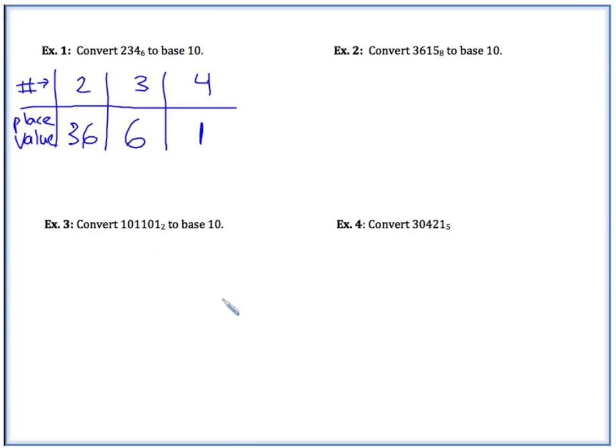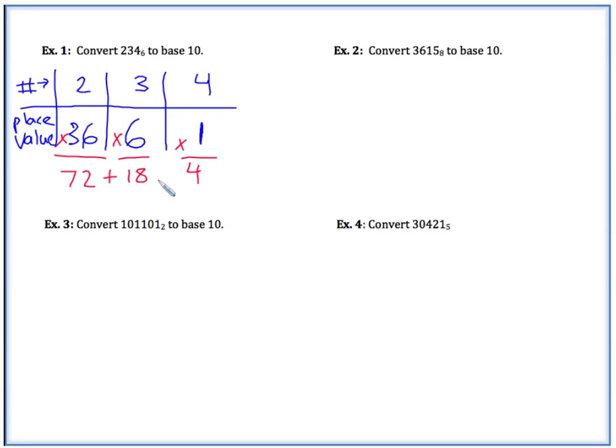Then to find our answer, we actually make this into a multiplication problem, and we go 2 times 36 is 72, 3 times 6 is 18, and 4 times 1 is 4. So again, when we think about our place value systems, we would say we have 4 ones, we have 3 groups of 6 each, and 2 groups of 36 each.